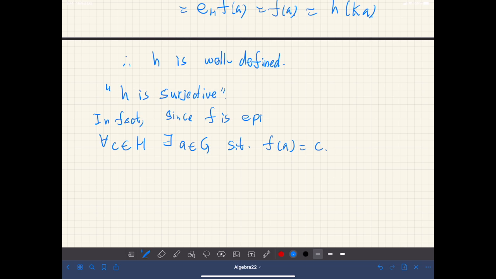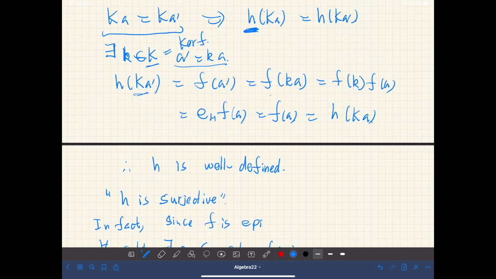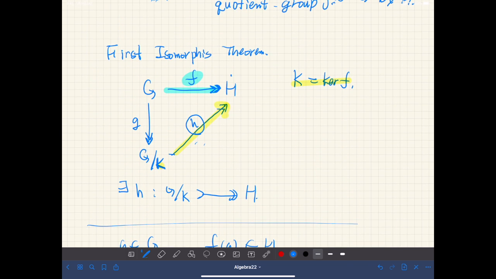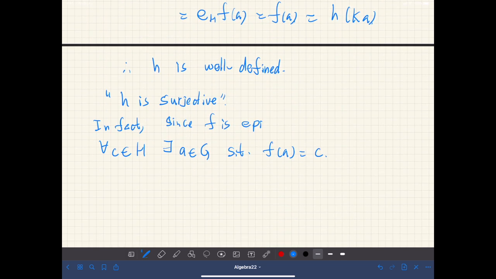Epimorphism means it is a surjective homomorphism. So for every element in H, there is some element A in G such that f of A is equal to C.